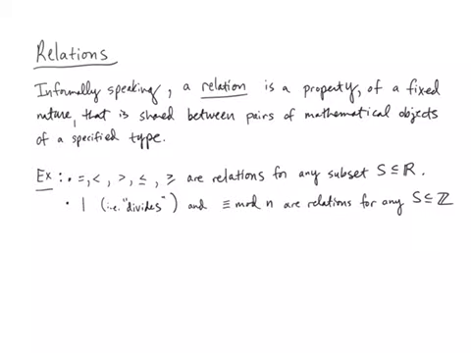So if you can't exactly parse that definition, that's okay. We're going to have a better one very soon, and hopefully the examples here will alleviate any potential confusion about what I mean. So the simplest example of a relation is probably equals.